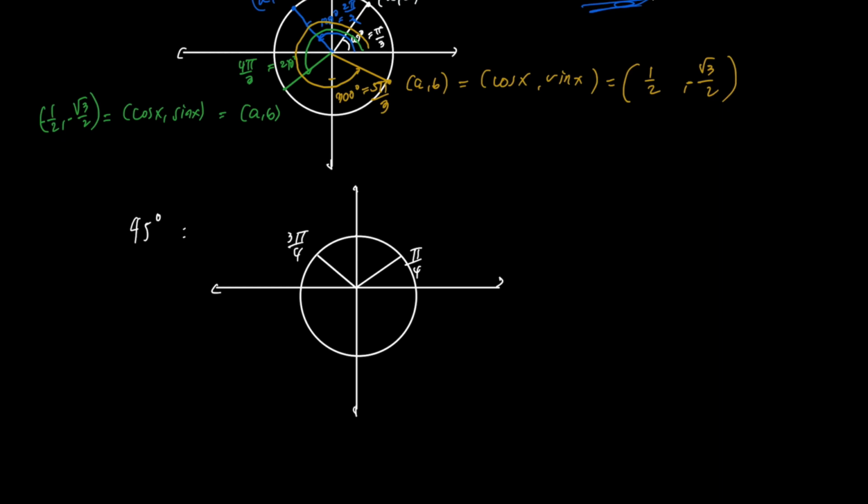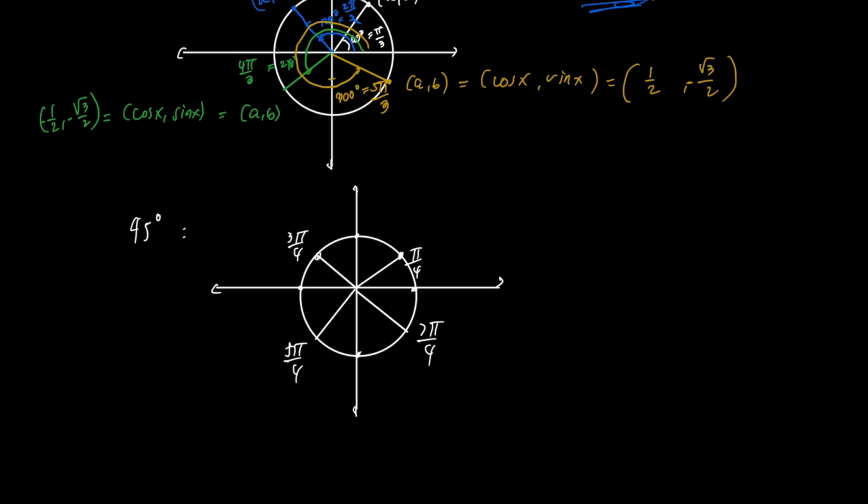Take note guys, the quadrantal angles are also multiples of 45 degrees. Then this one here is 5 pi over 4, and the other one here is 7 pi over 4. Okay, you can actually convert that one to degrees.